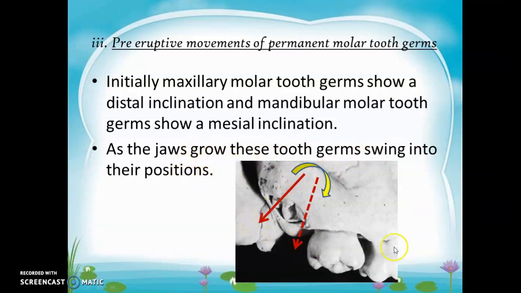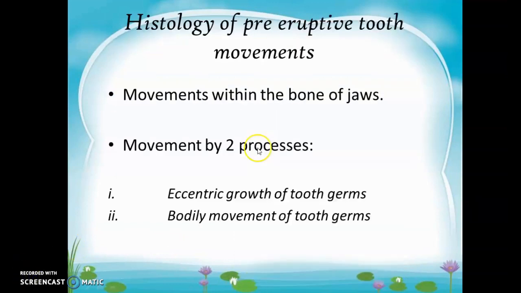As you can see in this image of the maxilla, the maxillary permanent molar tooth germ is distally inclined, as its long axis is indicated by this red arrow. After the pre-eruptive tooth movement, it swings into a position where its long axis will be along this red dotted arrow. A similar rotatory movement occurs even for a mesially inclined mandibular molar.